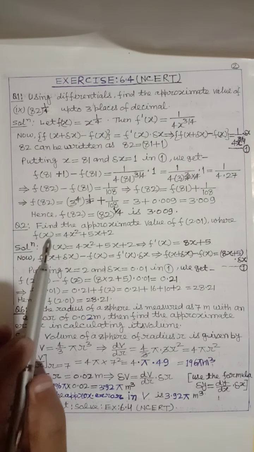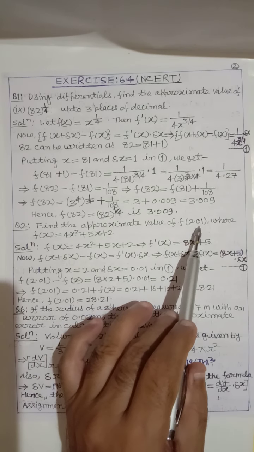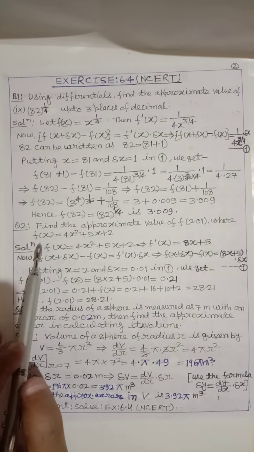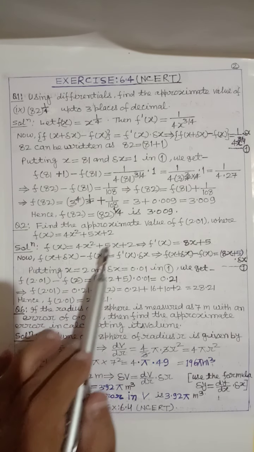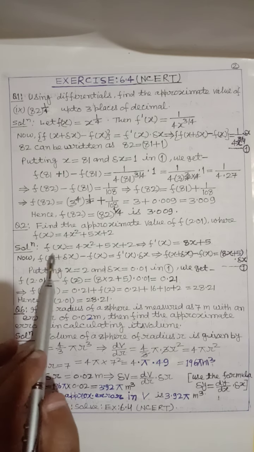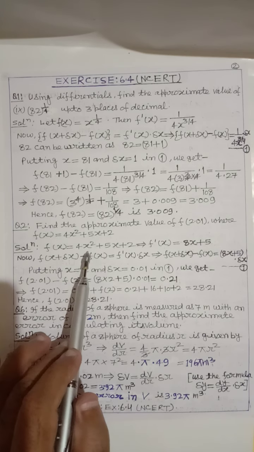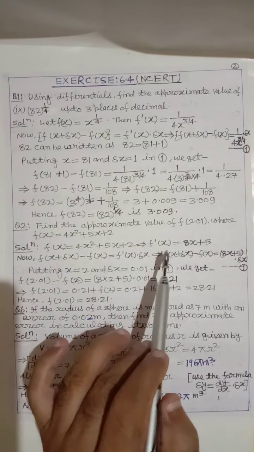Question number 2. Find the approximate value of f of 2.01 where f of x equals 4x square plus 5x plus 2. To find the solution, we have the given function f x equals 4x square plus 5x plus 2, and here first we find f dash x.